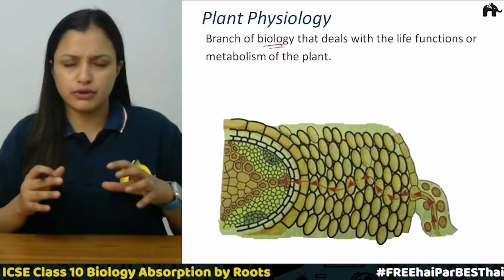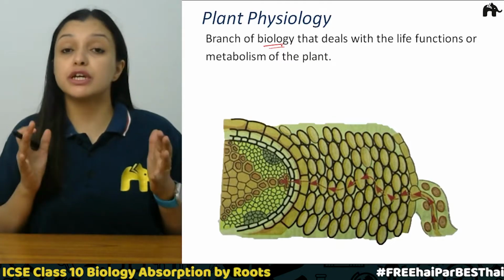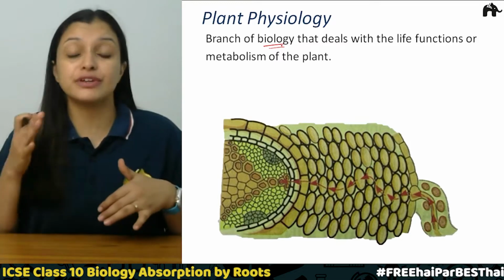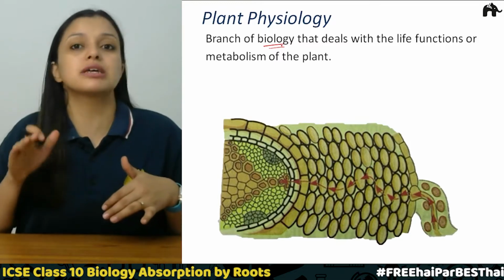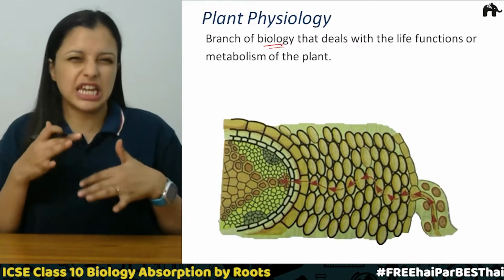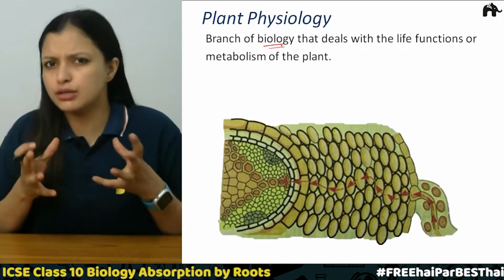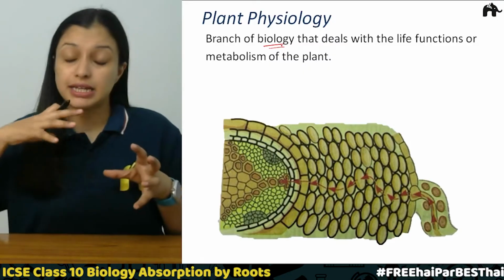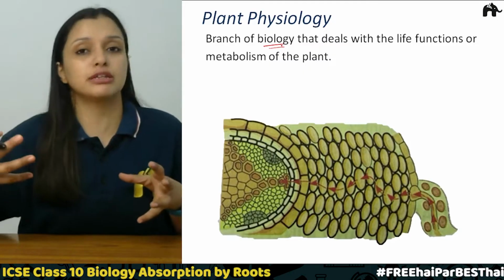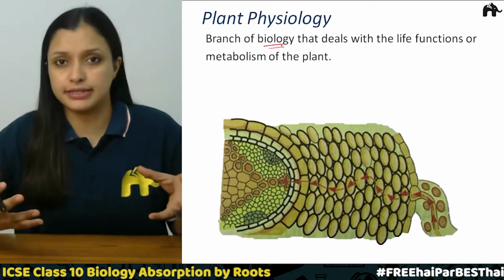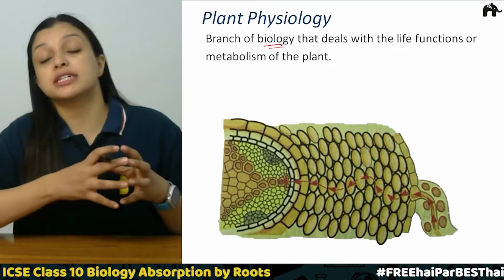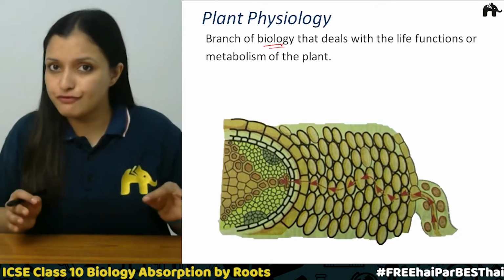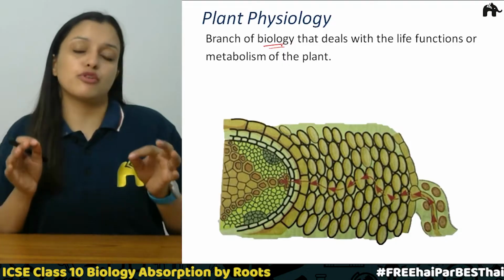So we are not talking about the external features, we are talking about how the metabolism, how the life processes are taking place inside the plant. So what are those processes that help a plant to sustain, that make a plant a living organism? Correct? So this is plant physiology, the branch of biology which deals with the life functions or the metabolism of the plants.